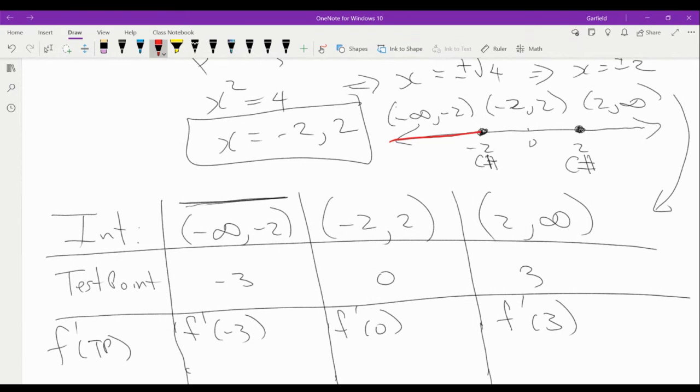This is from negative infinity to negative 2, so choose a number over there. It could be negative 3, negative 4, negative 5. That's how we came up with this test point. And here, choose one in here, so we just choose 0. And then we choose one over here, which we choose to be 3.